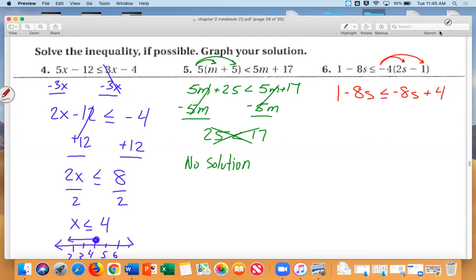Add 8s. So I have 1 is less than or equal to 4. And Grace already told me she suspected that this was going to be infinite solutions. And do you see how you confirmed that it was? So infinite solutions.